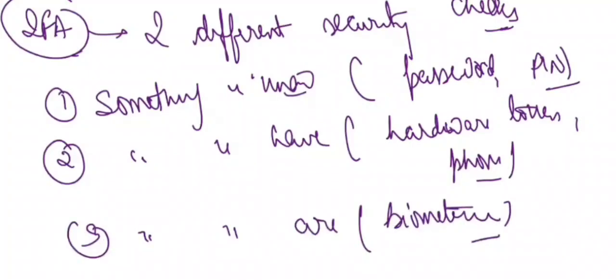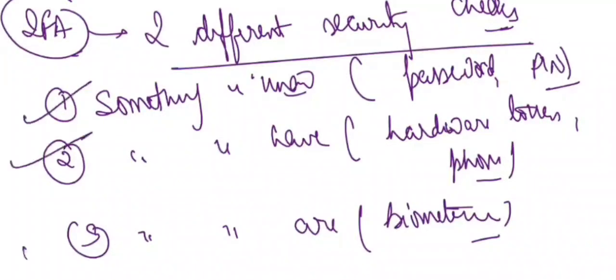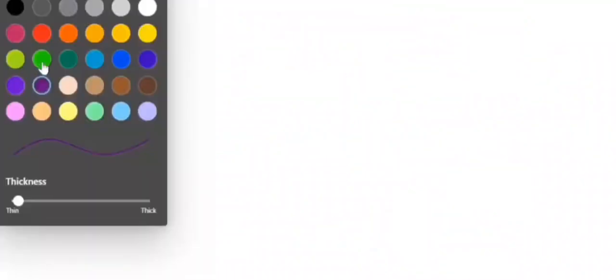So that is called two-factor authentication. Basically it involves two different security checks from different categories: something you know, something you have, and something you are. And there is a principle here, called the zero trust principle. What does it say?